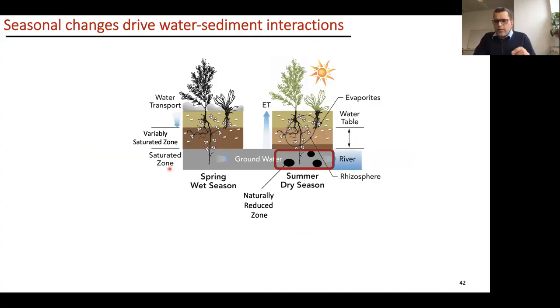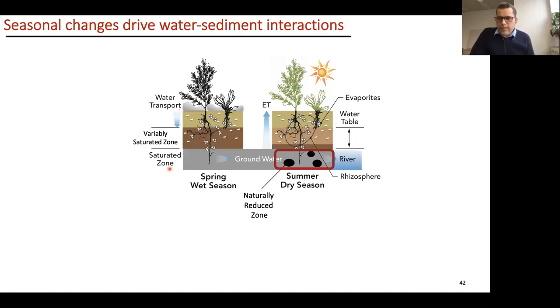So they are like clumps of clays, but super organically rich, and they kind of remain reducing even when the system is dry and the water table is gone. So we were suspecting these natural reduced zones are driving these redox cycling, even if it's not submerged. And that's what we wanted to look at.